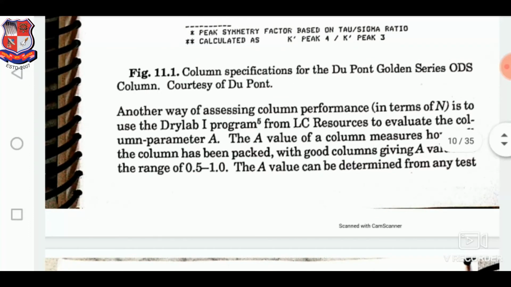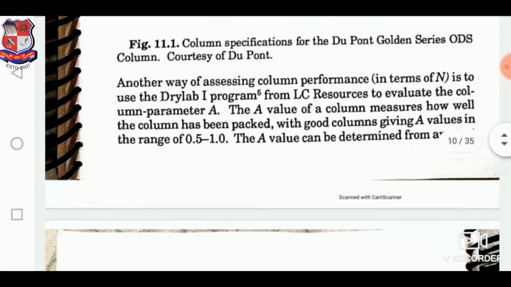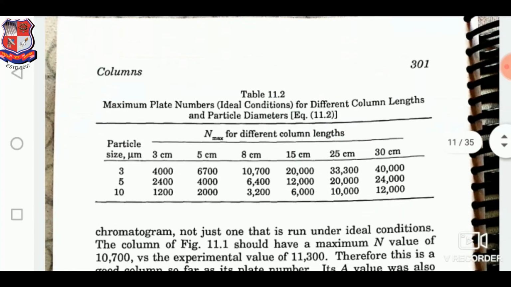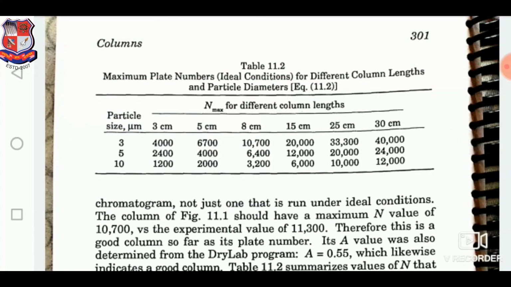Another way of assessing column performance is to use the DryLab program to evaluate the column parameter A, and the A value of the column measures how well the column has been packed. Here a table illustrates the maximum plate number under ideal conditions for different column lengths and particle diameters.